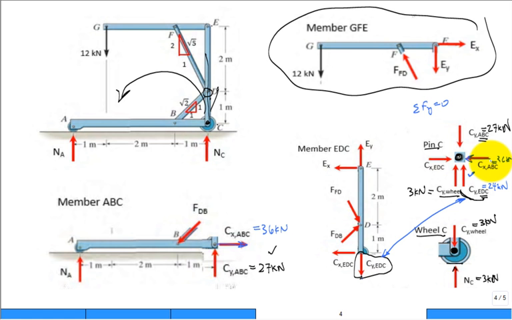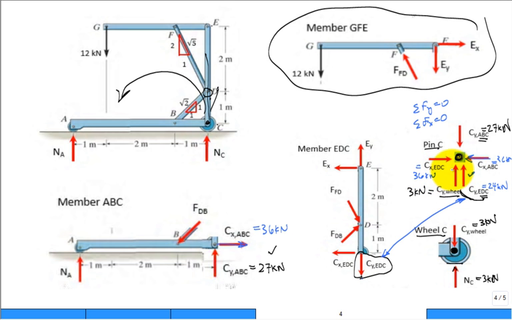All right. That pin is sitting there, and I know it's connected to the wheel, but the wheel doesn't exert anything but in the Y direction. It doesn't exert anything in the X direction. So at this point, I can do sum of the forces in the X on that pin, and guess what CX EBC is? 36 kilonewtons.